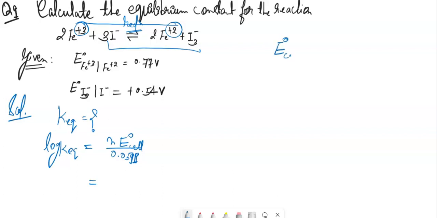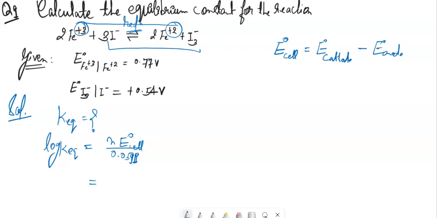E naught cell is the reduction potential of cathode minus reduction potential of anode. So E naught of cathode minus E naught of anode.